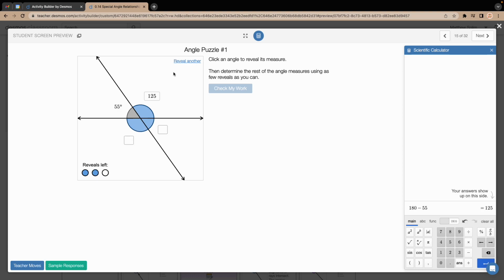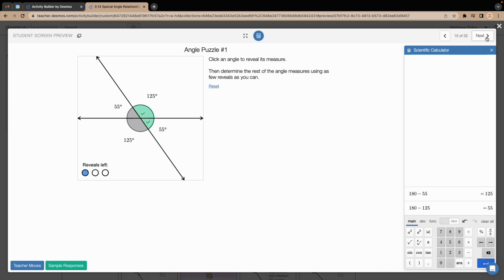You could use this reveal button to reveal another. This one's also 125. So the one next to it has to add up to 180, since it makes a straight line, minus 125. This one is 55 degrees. And then you could check that work. Yep, 125. That was 55. Cool. We got those two angles right.